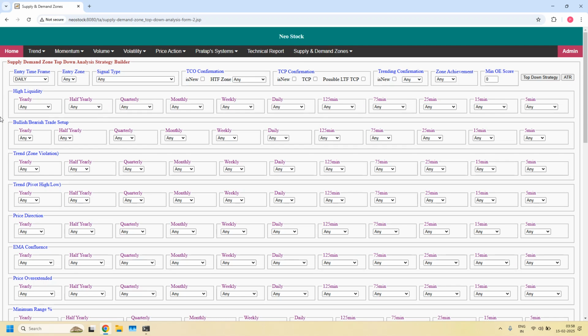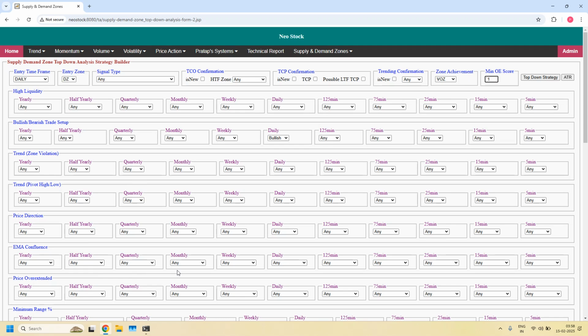Okay, first one is bullish trade setup for monthly income trade. Entry time frame is daily. Entry zone, demand zone. In bullish or bearish trade setup at daily time frame, I am selecting bullish. And zone achievement, violated opposing zone, minimum odd enhancer score 12. Both filters apply to daily demand zones.